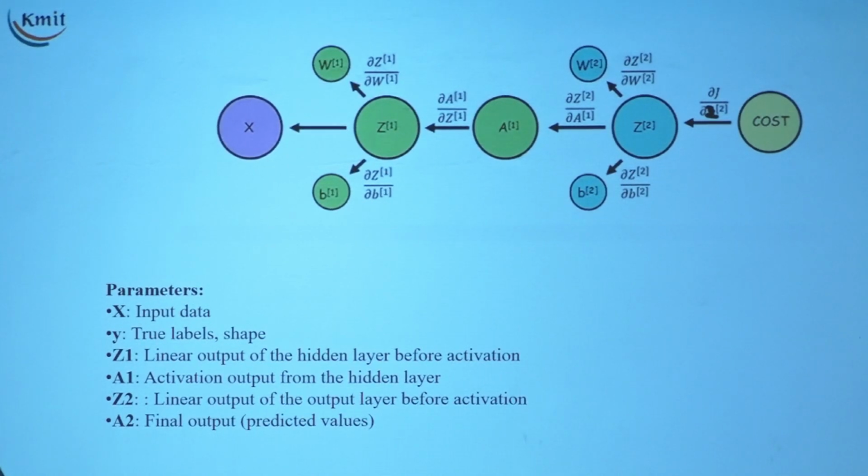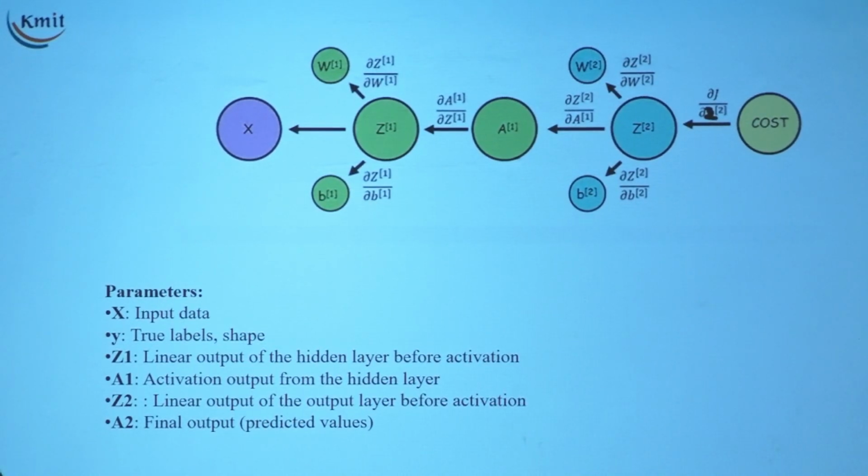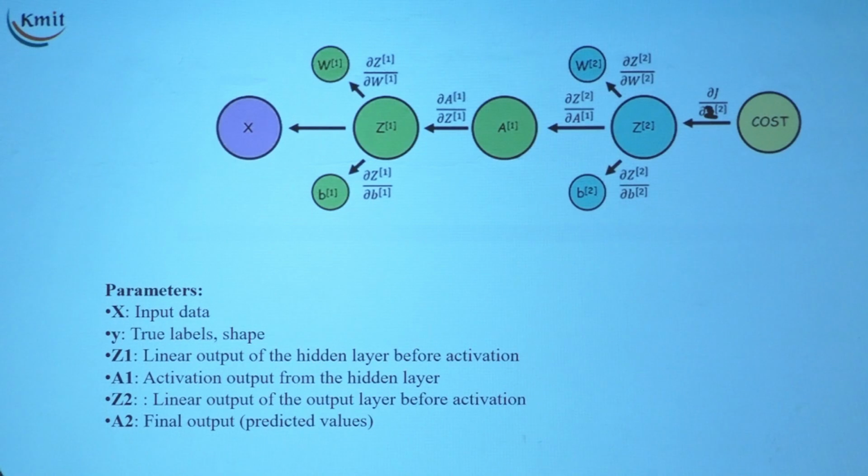Now this is the entire structure for backward propagation. Please observe the figure very carefully. First I take my input X. Then I multiply it with weights W1 and add bias to calculate Z1. So Z1 is X into W1 plus B1. This is called the transfer function, as sir was discussing.